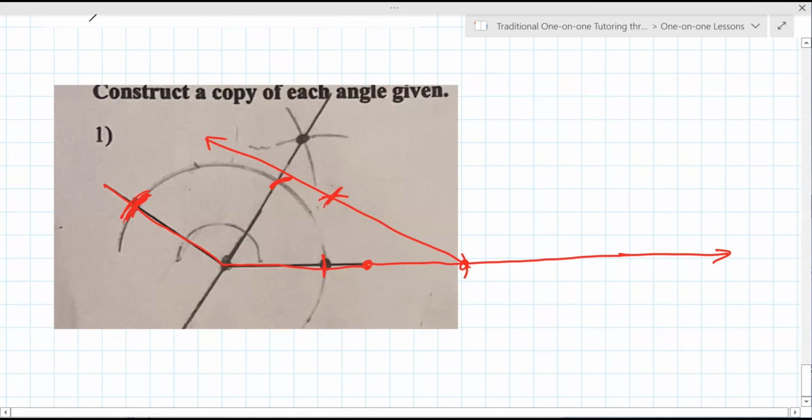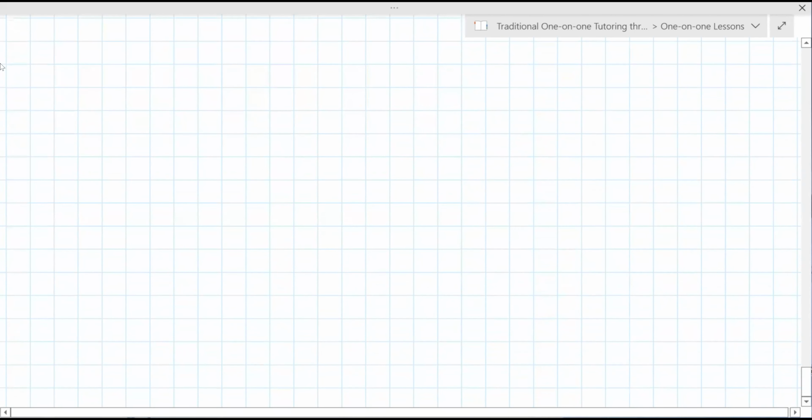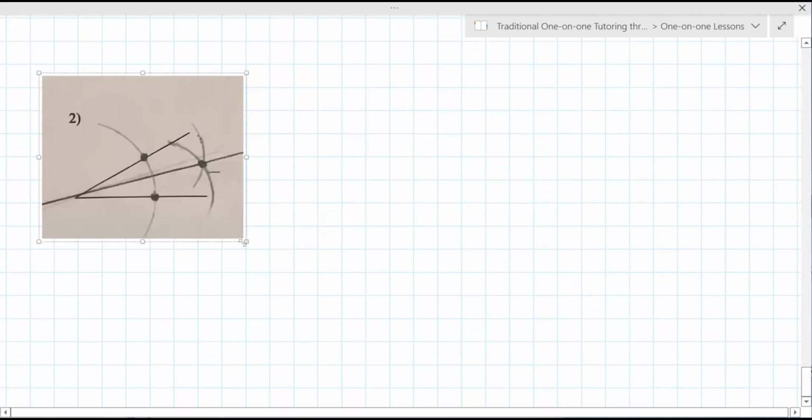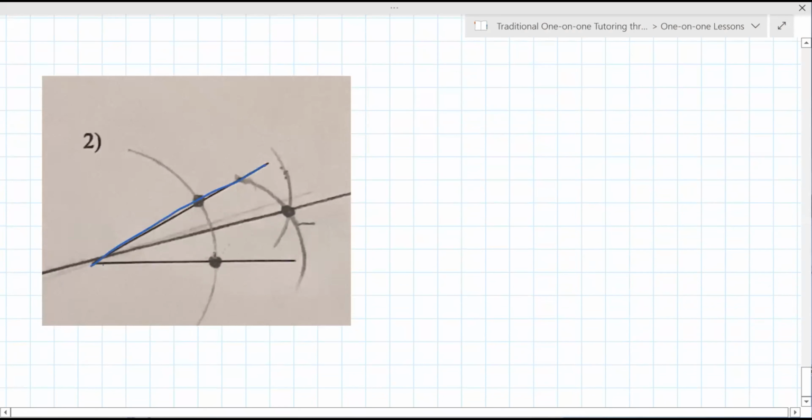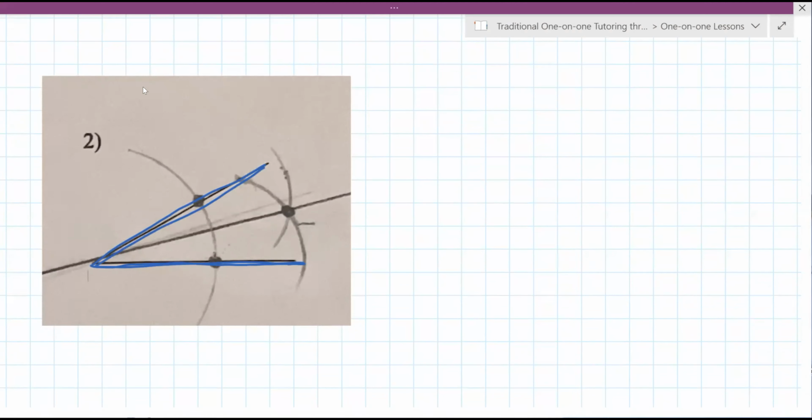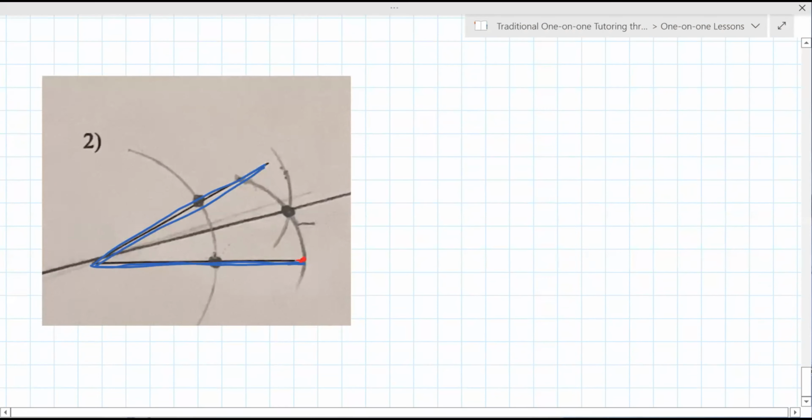All right, so let's look at number 2 and try and do a better job here. Okay, so I'll do the original. The original angle is in blue. Is that right? Yeah. Okay. Yeah, so again, the idea would be you extend the line of that one, and then you would go here, and you would draw some sort of an arc that would hit both of these, and then, let's say you're copying it there, you would get an arc like that.